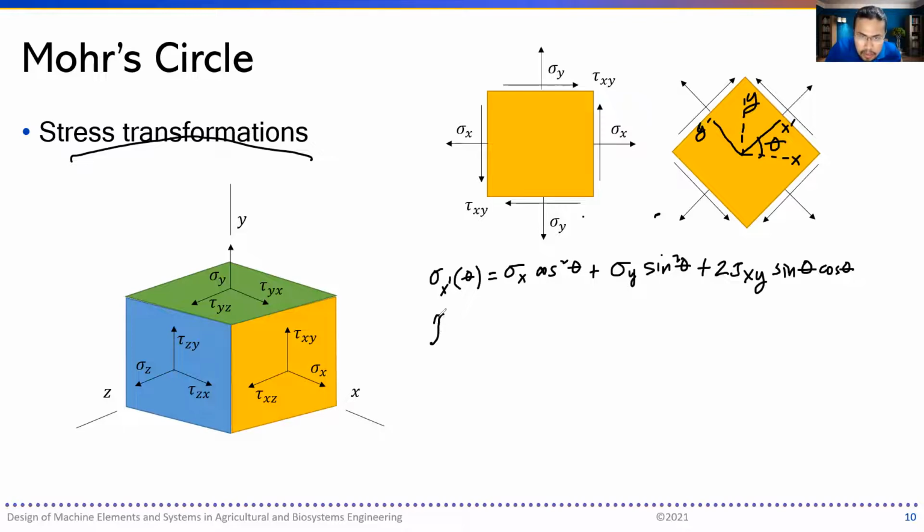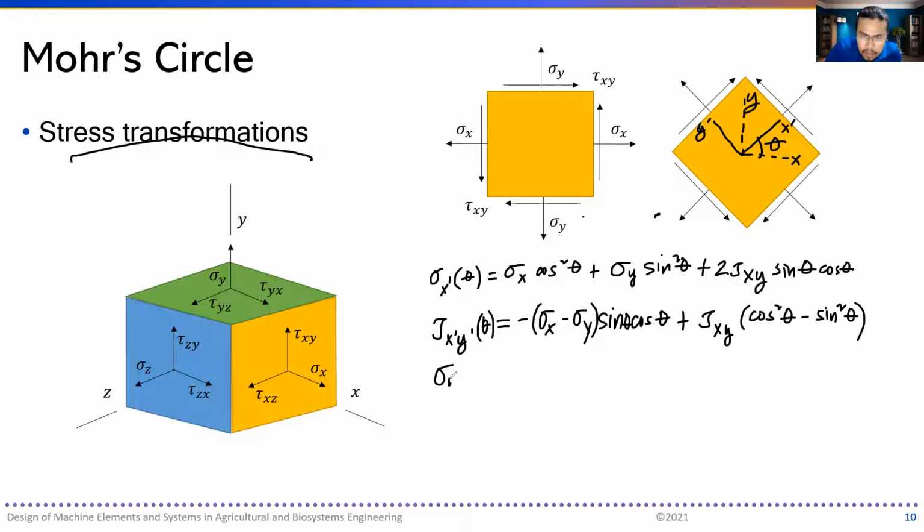And you have your shear along the x prime y prime with respect to theta, and it's going to be minus the original normal stress along x minus the original normal stress along y, times sine theta cosine theta, plus the shear along xy times cosine squared theta minus sine squared theta.